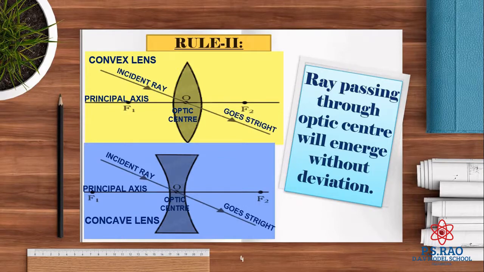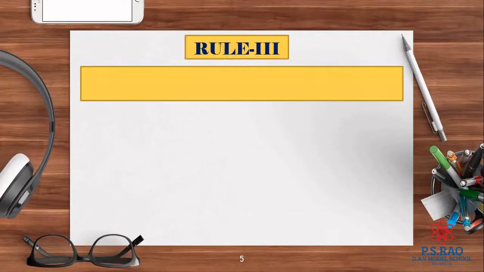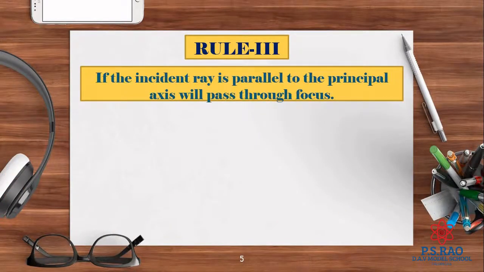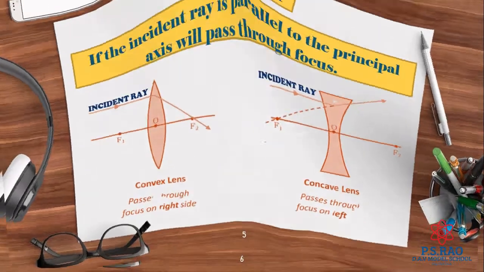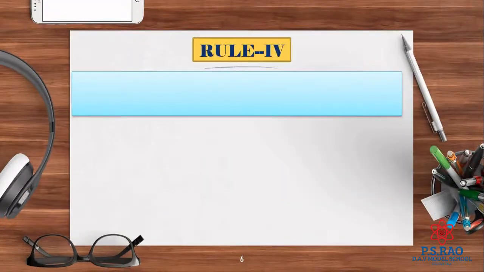Rule 3. If the incident ray is parallel to the principal axis, then the refracted ray will pass through focus. Rule 4.